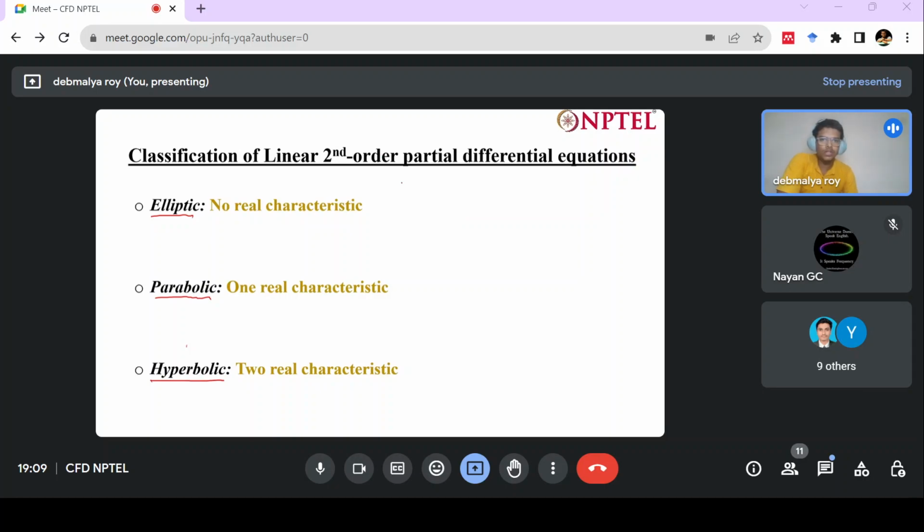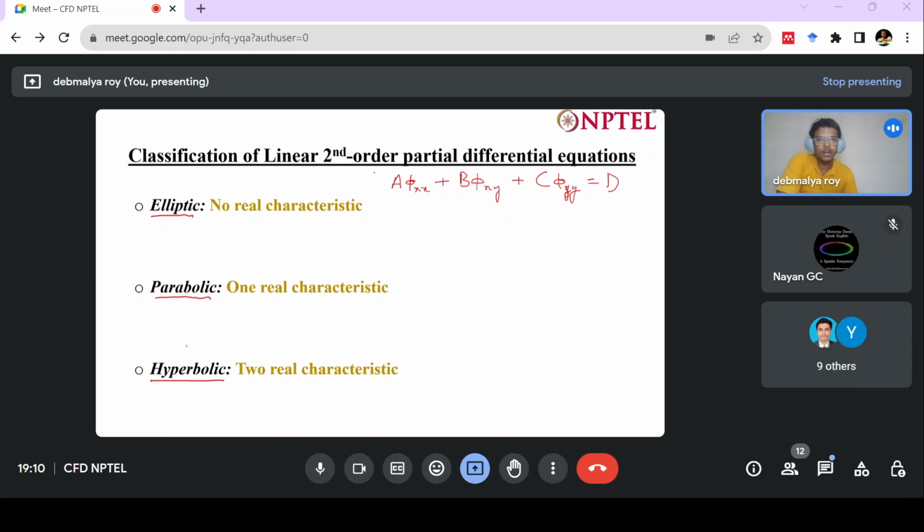So let's revise a little bit. We classified this for this particular equation. This can be assumed a general quasi-linear equation, but for a quasi-linear equation things will be a little bit different. For a linear equation, this classification is very straightforward.